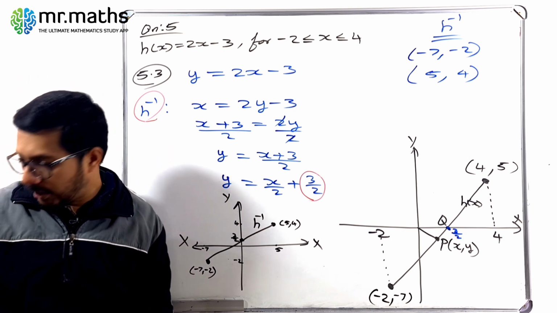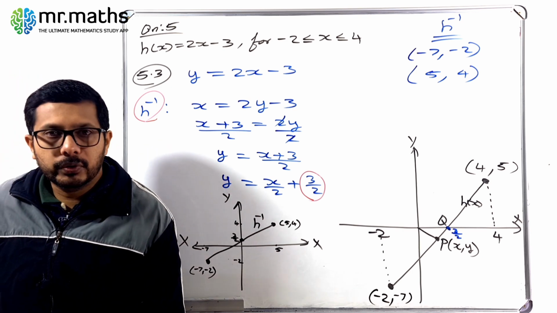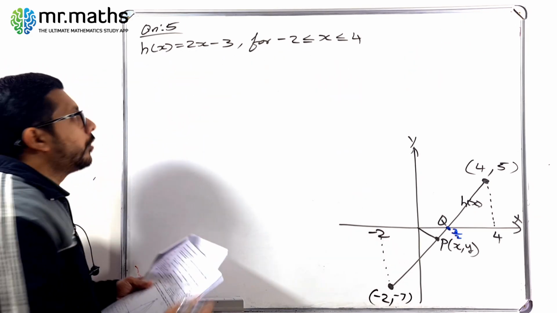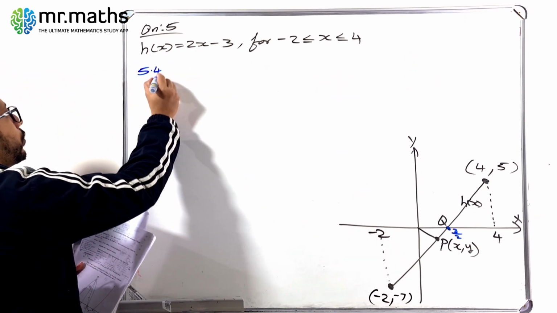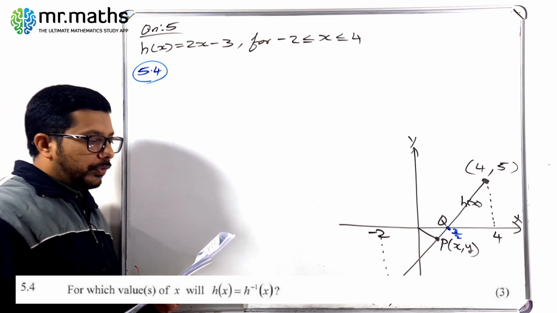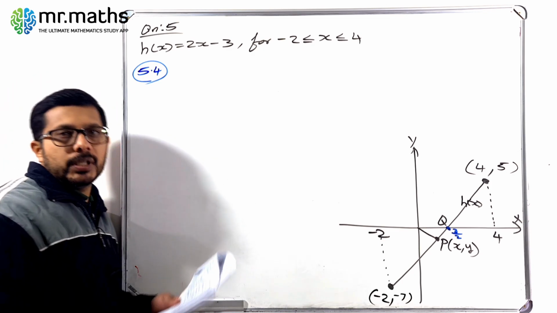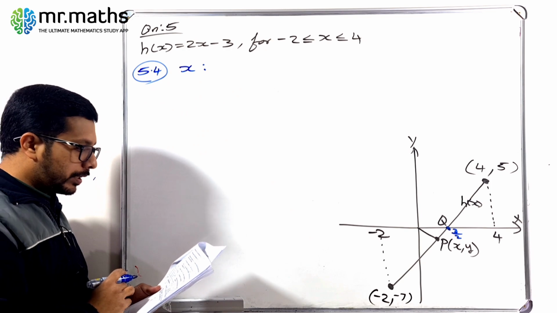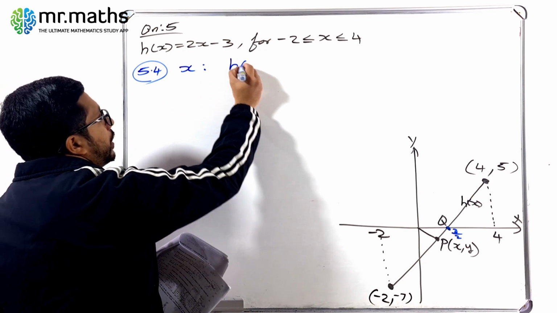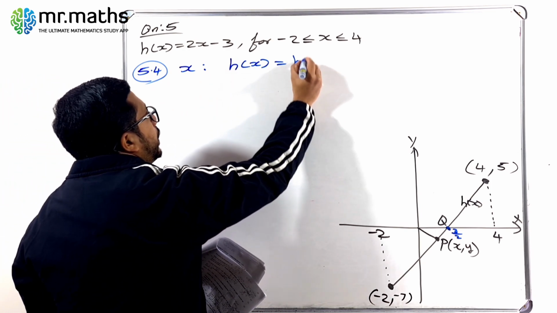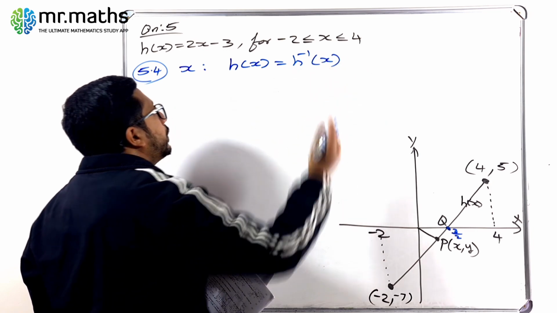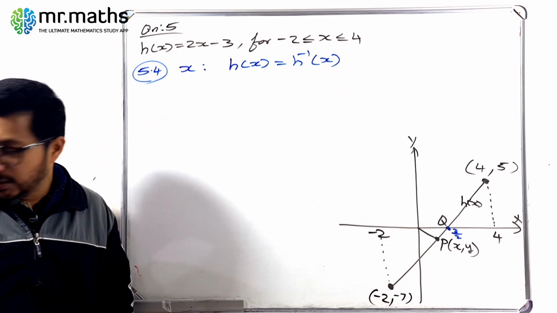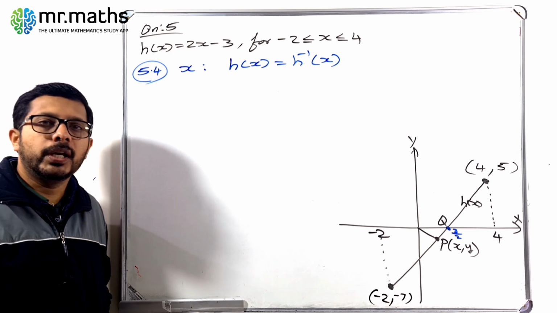Now let's go to question number 5.4. Okay, question number 5.4, what is that one? For which values of x, that means you have to find the values of x. Okay, then what is the condition? h of x is equal to h inverse of x, and you have to find the values of x.